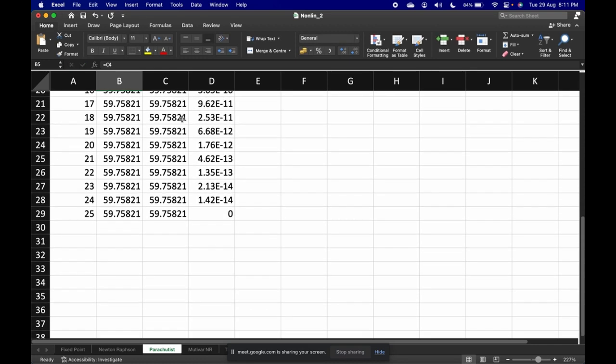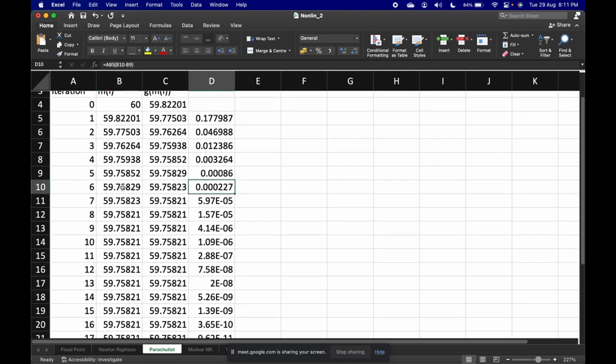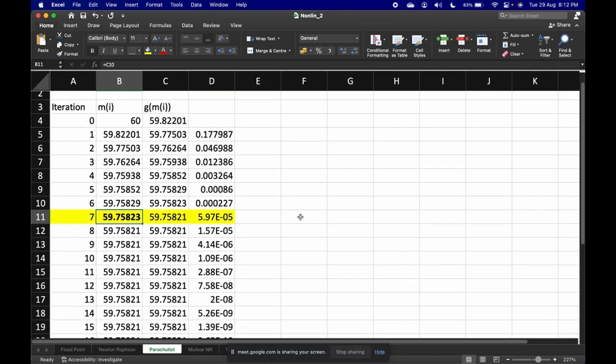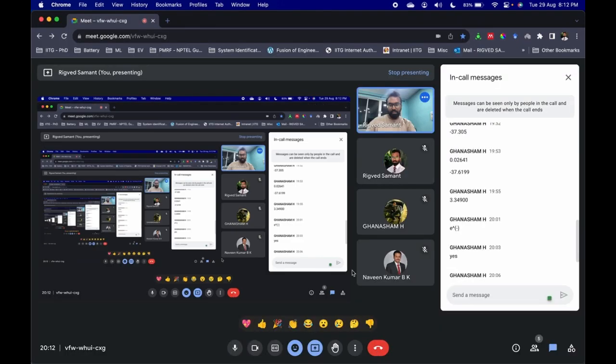Again, the fixed point iteration converges really fast here. You can say your answer came in the 6th or 7th iteration itself. So this is your answer. When I share the Excel sheet, I'll add the Newton-Raphson method solution for you, and then you can cross check. So we'll go for the next one.